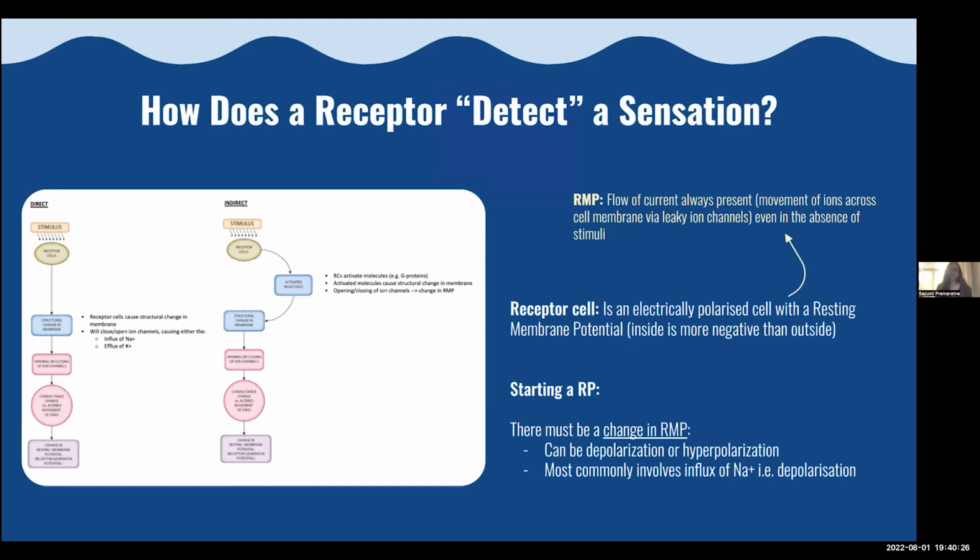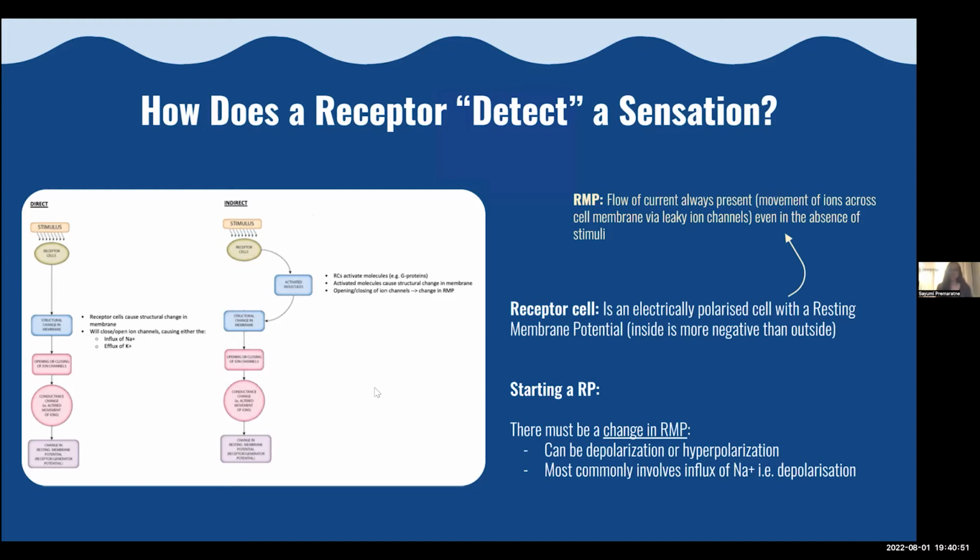So there is a resting membrane potential in receptor cells, and this occurs because the membrane has a lot of leaky ion channels. So you have this constant flow of ions in and out of the membrane, and that'll cause a flow of current that's always present, even if there's no stimulus activating the receptor.